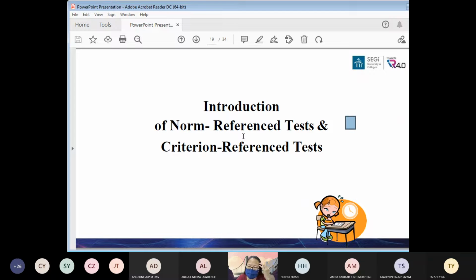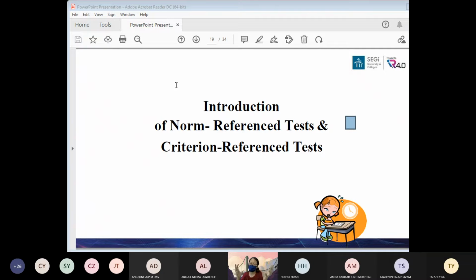So now we are here to talk about the introduction of norm reference test and criterion reference test. Norm reference test shows whether students did better or worse than the hypothetical average student. The hypothetical average student means that everyone is doing the same test, the whole DEC, but we only take a certain number of students, maybe one student from one class, or maybe we only take one small class.